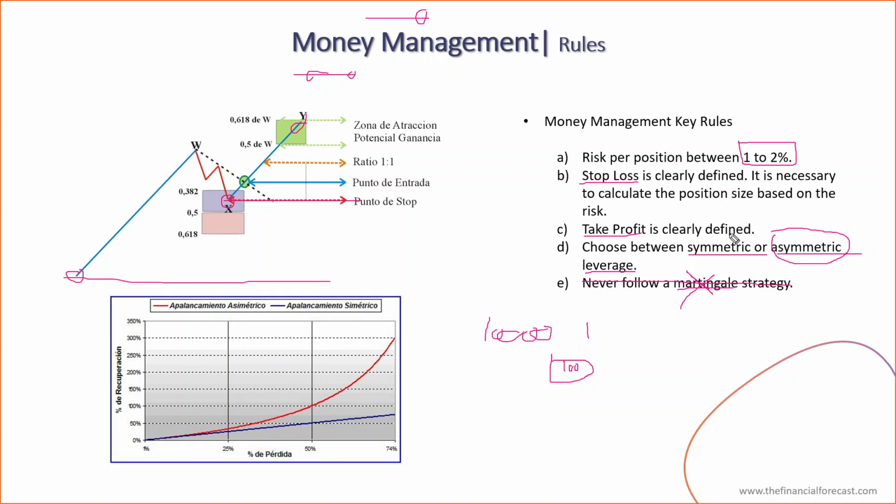For this, we need to find in what moment we want to review that risk, when we want to increase it or when we want to decrease it. And the asymmetric is happening all the time. That calculation happens always. Okay, but important: risk 1 to 2%, stop loss, take profit, the leverage, and of course, don't follow a martingale.